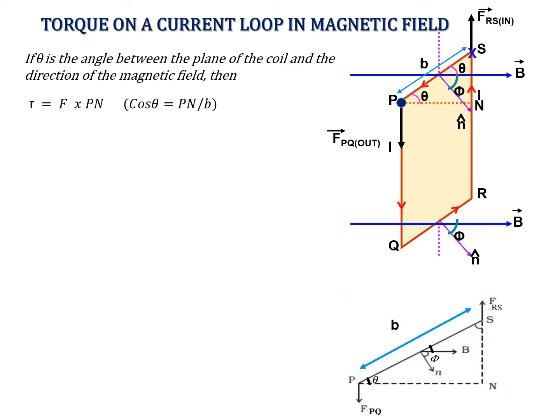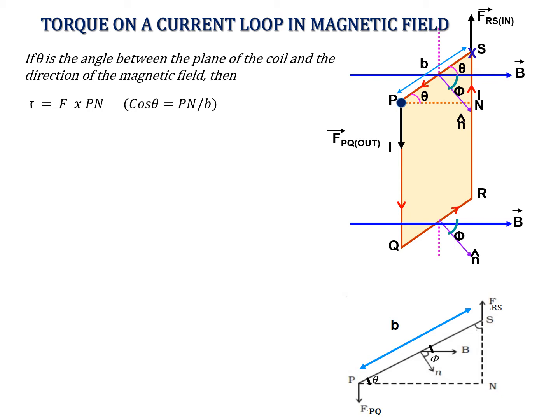Torque is the product of force and perpendicular distance. So perpendicular distance Pn can be found out by using the right triangle PNS. In this triangle, cos theta will be Pn upon B, and hence Pn can be written as B cos theta.